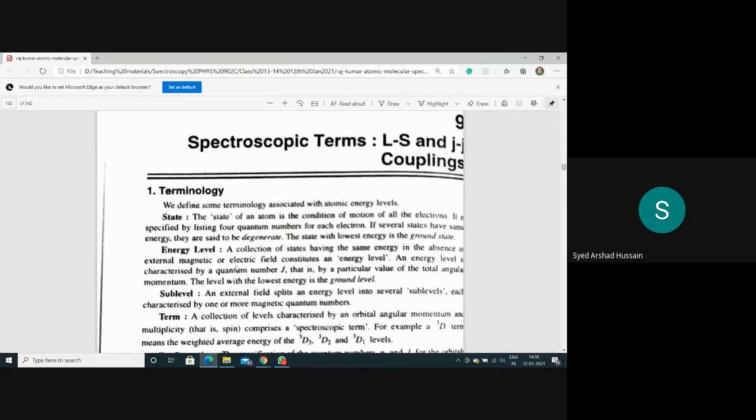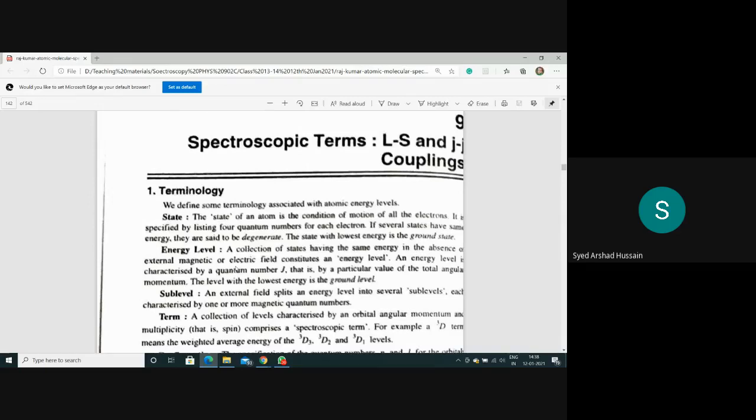Since there are 2n square electrons in an energy level, that means 2n square independent states. That's why an energy level is a collection of states, and the level with the lowest energy is your ground level or ground state.